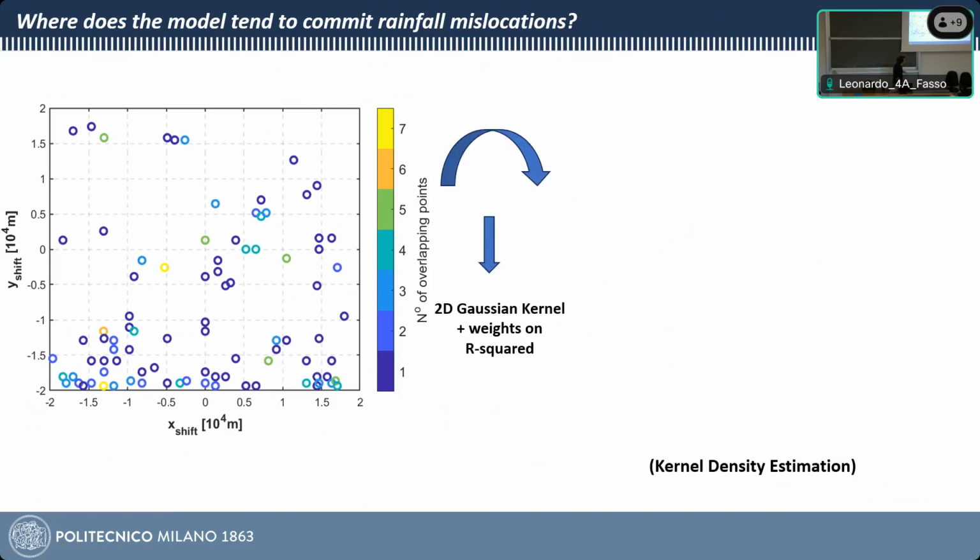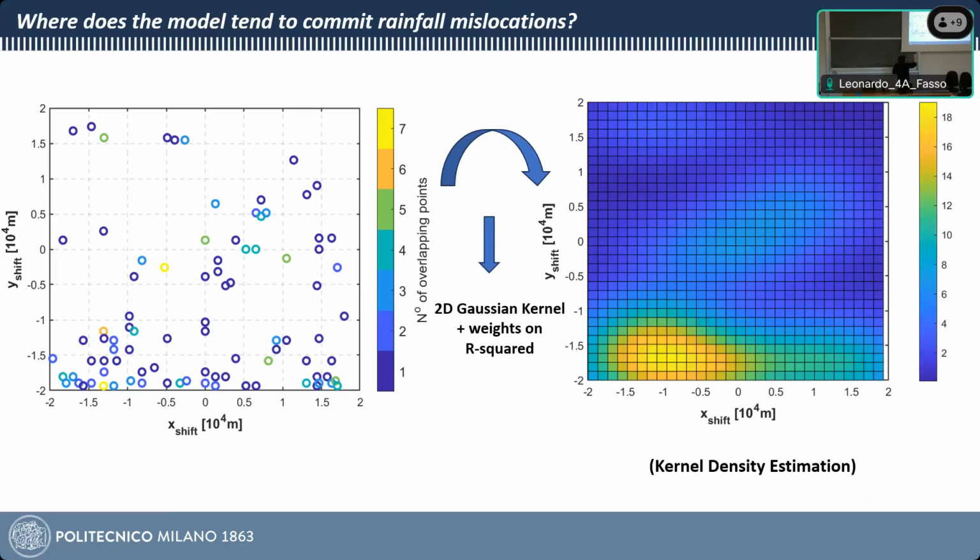To find the corresponding probability density function, we use the Gaussian kernel. And so we can find this probability density function that is telling us that it is convenient for this meteorological model to shift the rainfall forecast towards the southwest, meaning, reasoning the other way around, that in most of the cases this meteorological model mislocates the convective precipitation towards the northeast. Okay. This must be looked at the contrary.